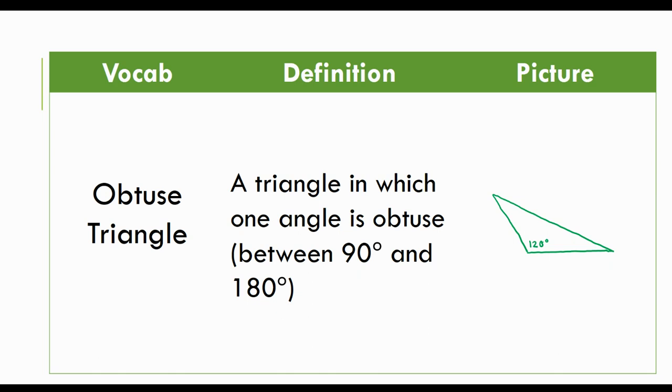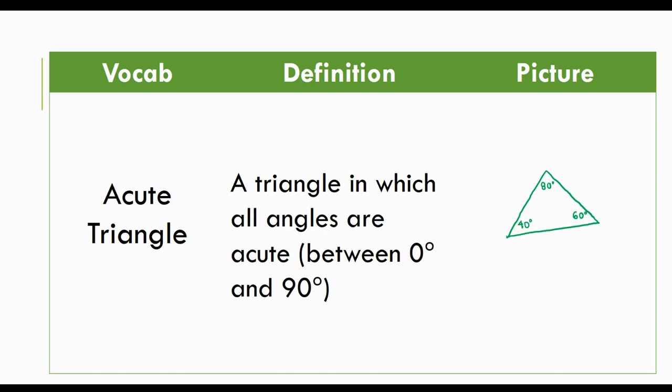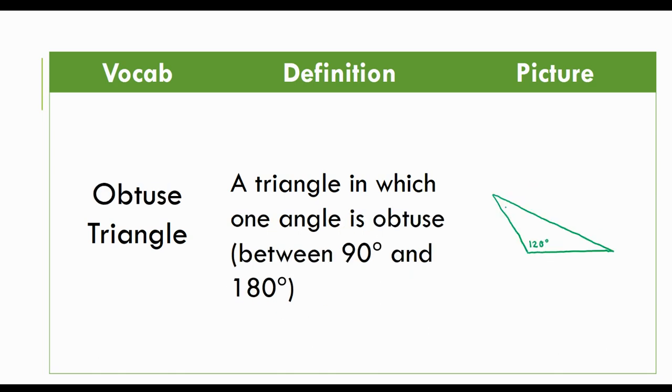So that's why I can't go having two obtuse angles, because anything bigger than 90, when you add it up, with just two being bigger than 90 is going to add up to more than 180. So let's say then this is 30. So then that gives me 150. So then this would have to be 30 as well. So there is an obtuse triangle because one angle is between 90 and 180.